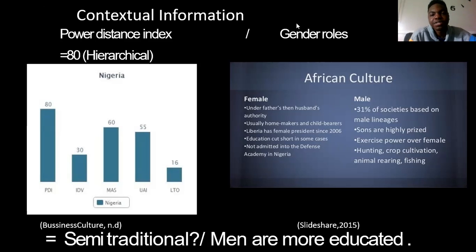Anyway, we now have the gender roles, and it's actually something that should be brought attention to, because in Nigeria, normally, if you see it in local places, the men are mostly doing the work while the women sometimes don't even go to school. They are normally just seen as housemaids. But at least now it's getting dialed down.